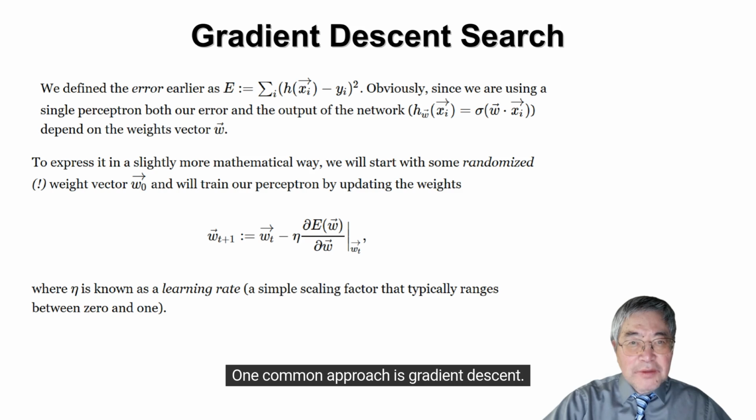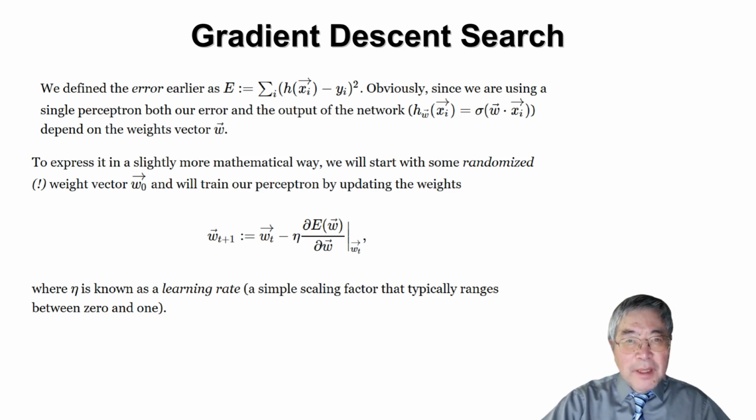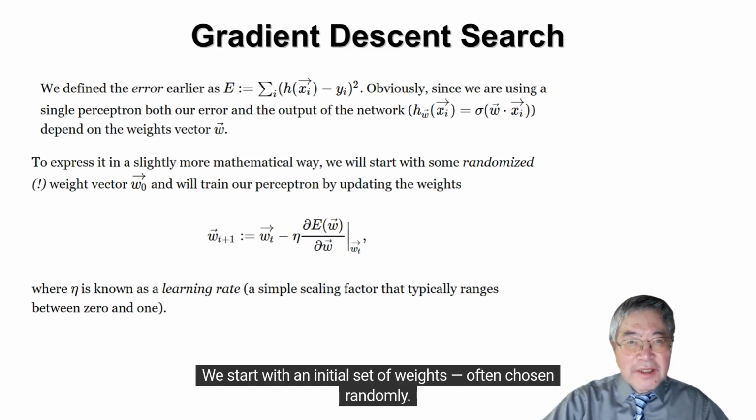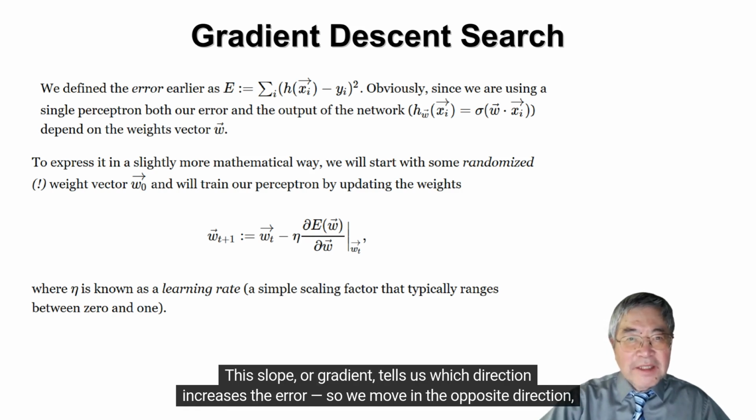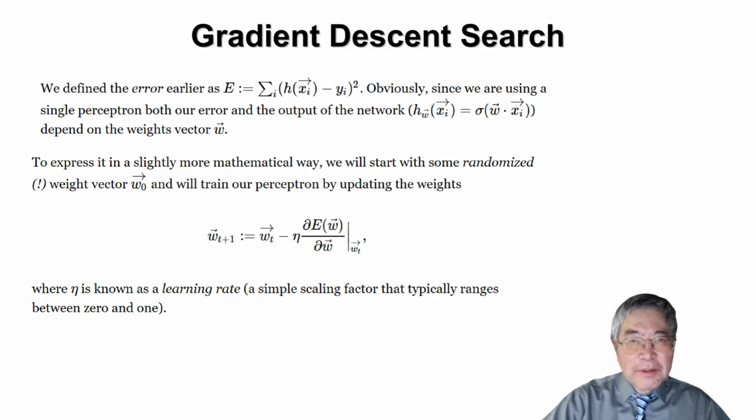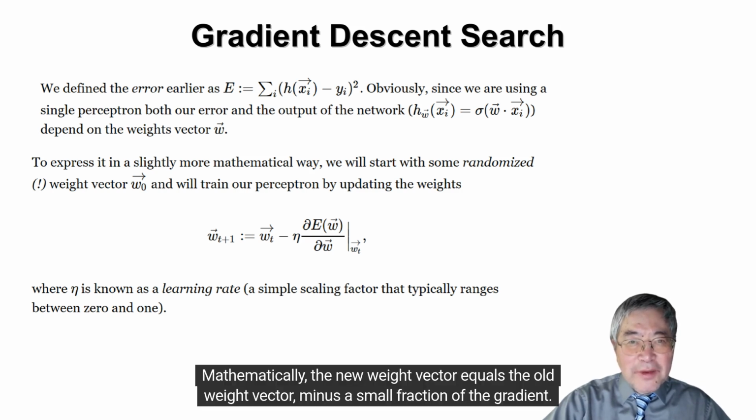One common approach is gradient descent. We start with an initial set of weights, often chosen randomly. Then in each training step, we look at the slope of the error function with respect to each weight. This slope, or gradient, tells us which direction increases the error, so we move in the opposite direction, reducing the error. Mathematically, the new weight vector equals the old weight vector minus a small fraction of the gradient.